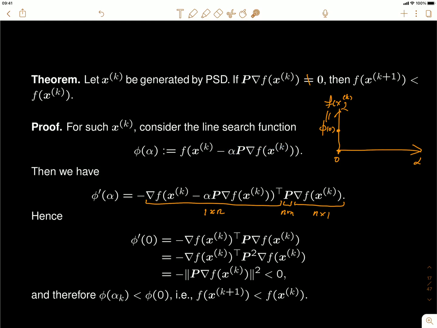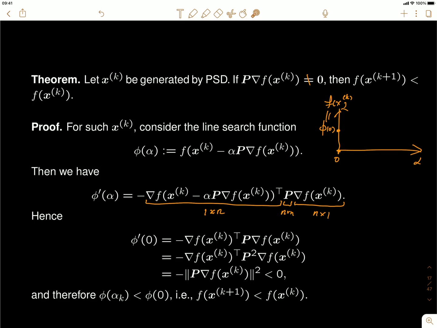And then you check that when you increase alpha, can you get a lower value than phi of 0? This is tracking the function value along this line when alpha gradually increases. So when you gradually increase, you check the function value right here.